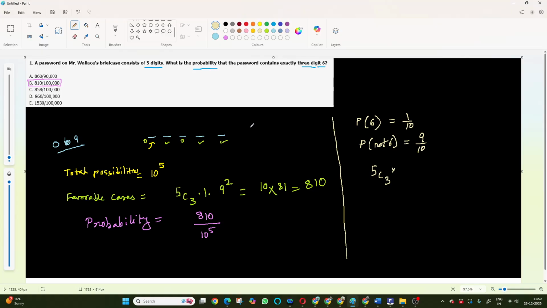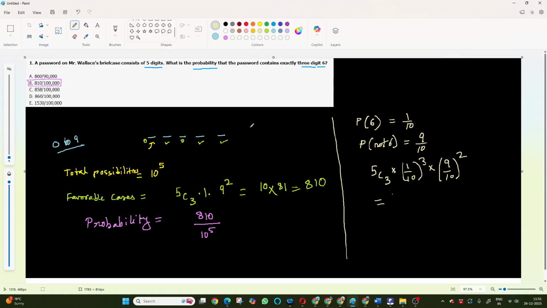Since the success has a chance of 1 by 10, I need 1 by 10 to the power of 3, because 1 by 10 happens three times. We have chosen those three success cases by using 5C3. And the non-successful case, which is 9 by 10, happens for the remaining two failed cases. So 9 by 10 to the power of 2.